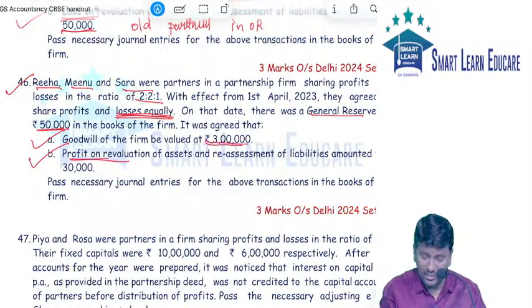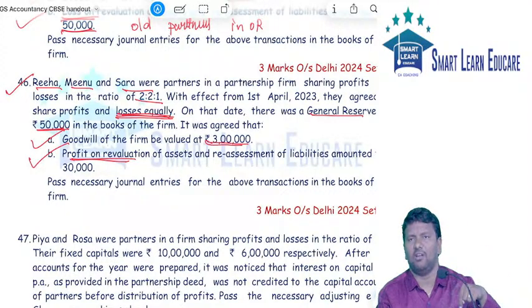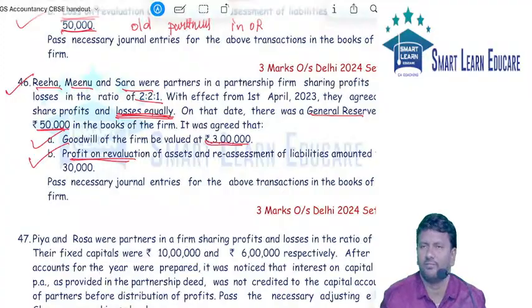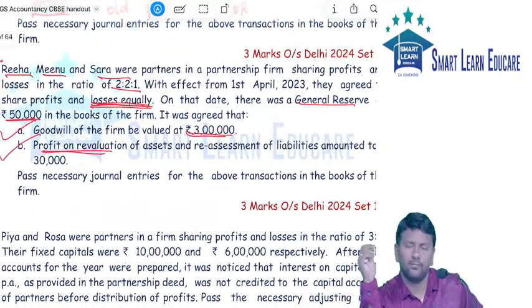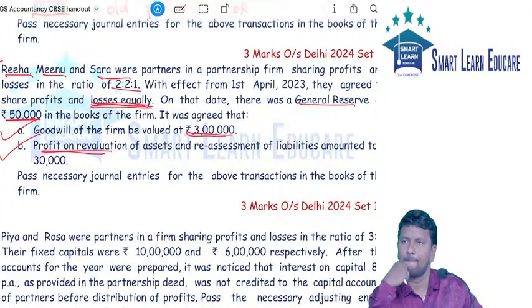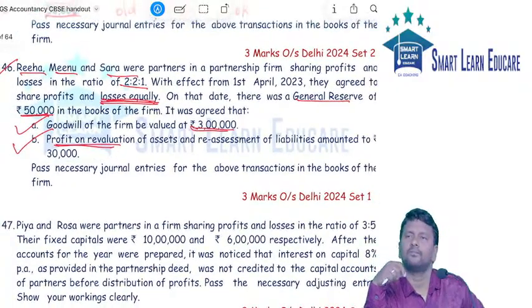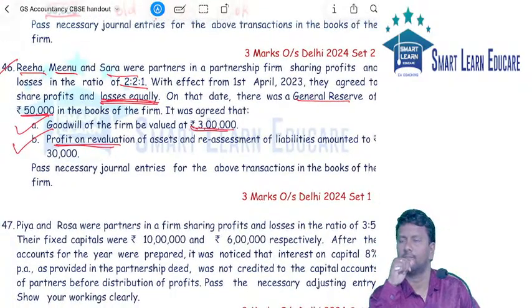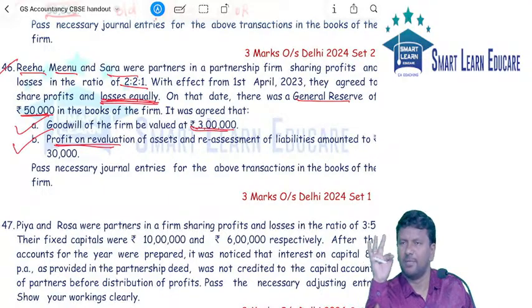In the previous question we had loss on revaluation; in this question we have profit on revaluation. 2 minutes time, please try. Similar three entries.